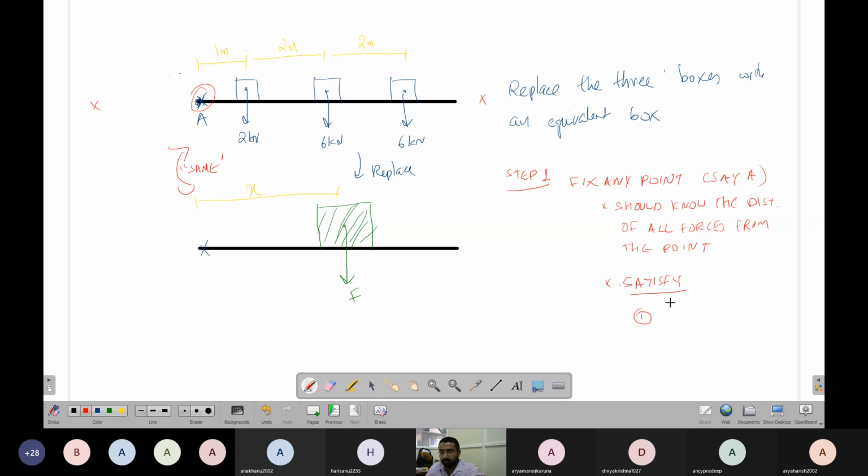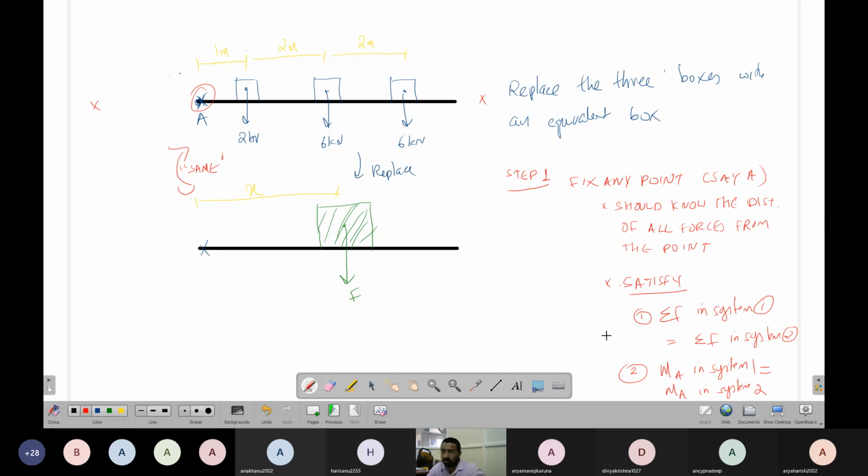Satisfy, 1, summation of all forces in system 1 should be equal to summation of all forces in system 2. Okay, so that is the first thing that you have to satisfy. Second, moment of all forces about A in system 1 should be equal to moment of all forces about A in system 2. Okay.